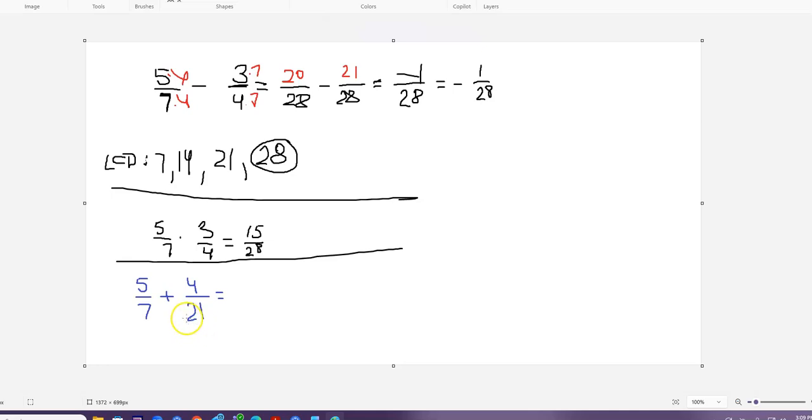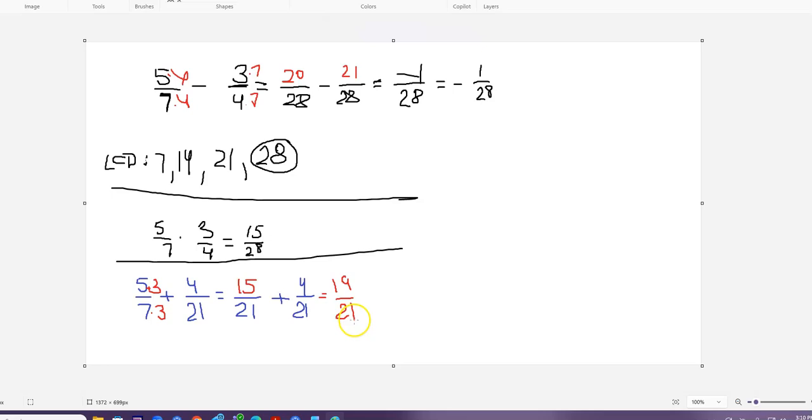You choose the larger denominator, which is 21, and 7 is a factor of 21, so the LCD will be 21. The second fraction already has this denominator, so we just multiply the first fraction by 3, because 7 times 3 gives you 21. To keep it the same, we multiply 5 by 3 as well. And we get 15 plus 4 in the numerator, which is 19 over 21.